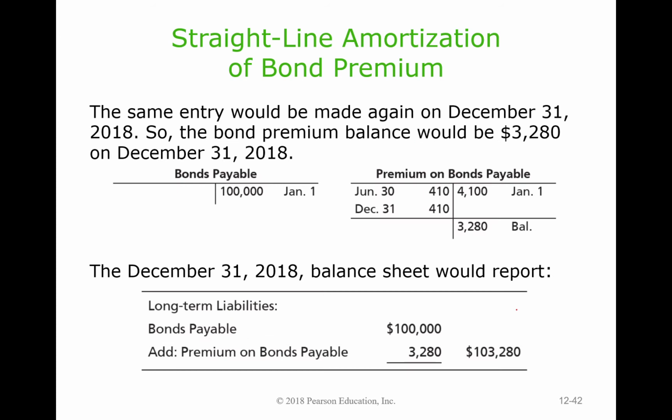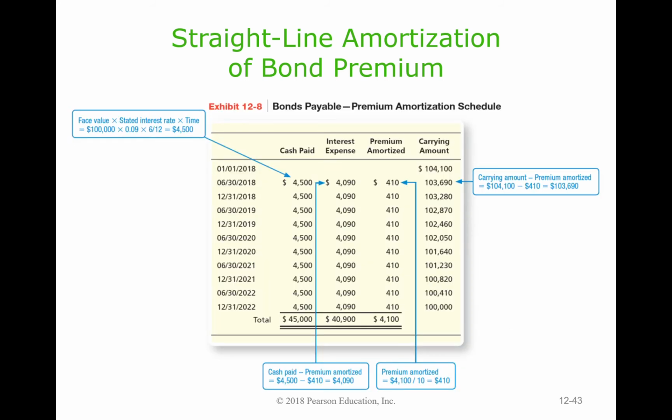So what we'll see here is, after 2 payments on the bond, we can see the carrying amount now has fallen to $103,280 from where it was $104,100 earlier. And here's an amortization schedule in this case. Now if you look here, you can see the cash paid out doesn't change.